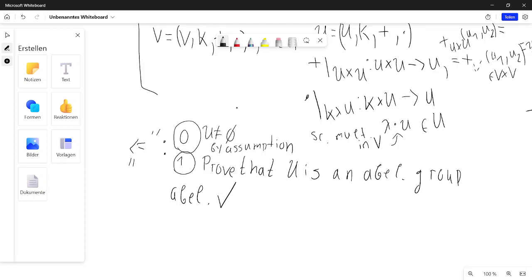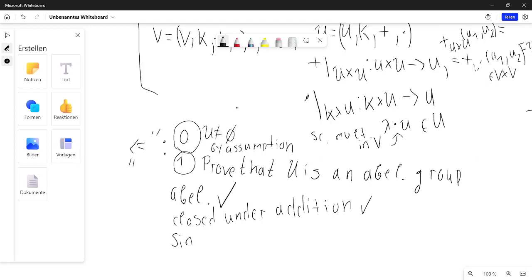So abelian, check. Let's prove that it is a group: closed under addition. Check. It is just assumed. Now we'll just use that it is closed under scalar multiplication.